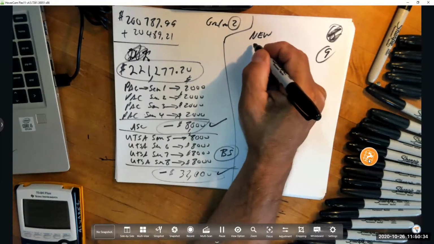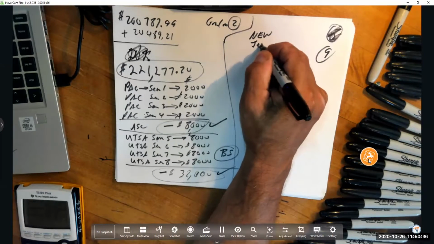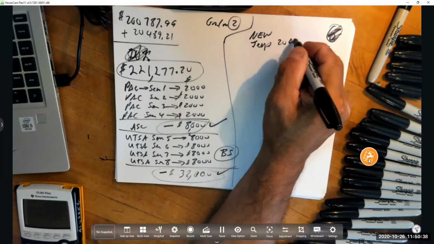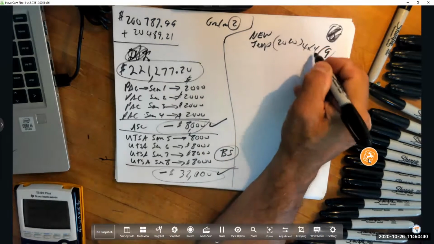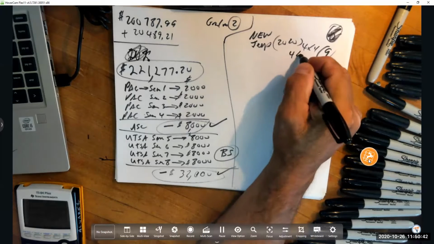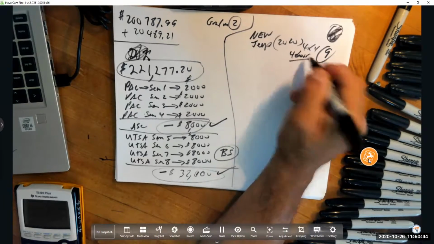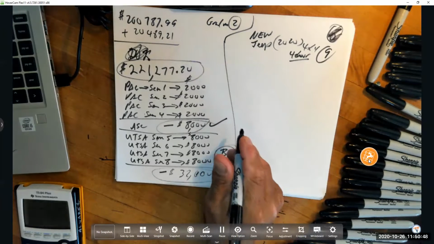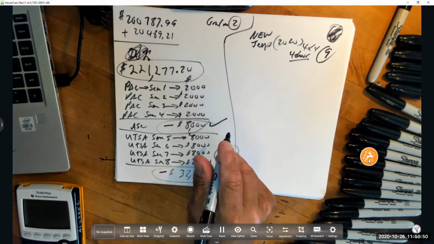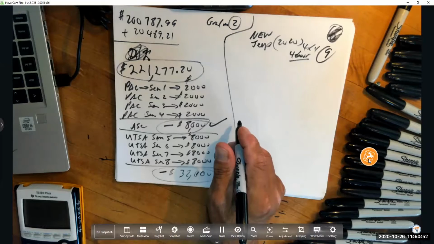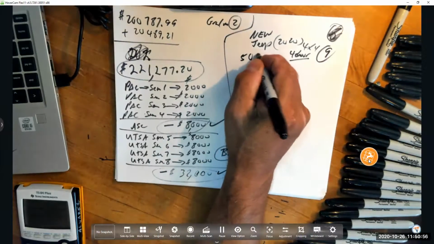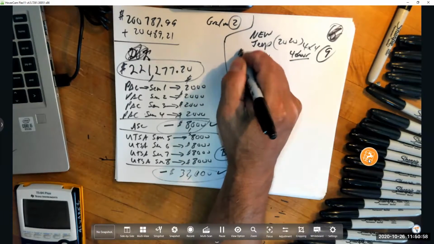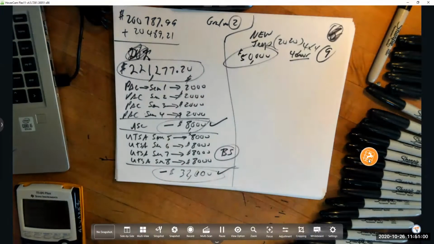How about a Jeep, a 2020 Jeep 4x4, the 4-door one. What do they run? What's a 4-door 2020 brand new Jeep with leather and the navigation, all the stuff in it? What do you think? 50,000? You think this much money will cover your Jeep? Brand new one. Look around, see what you want.